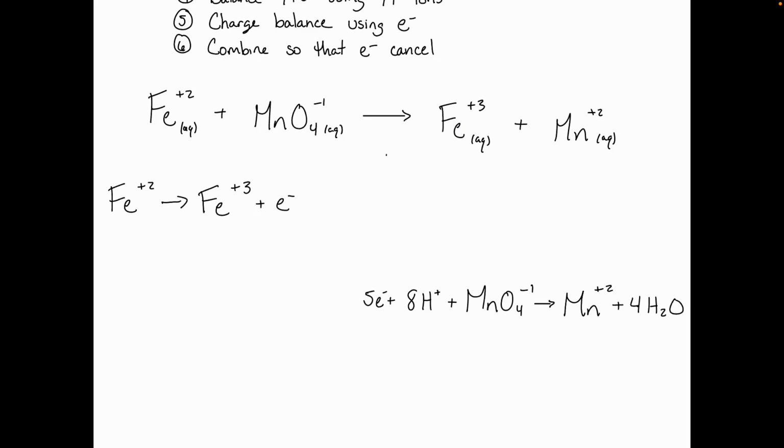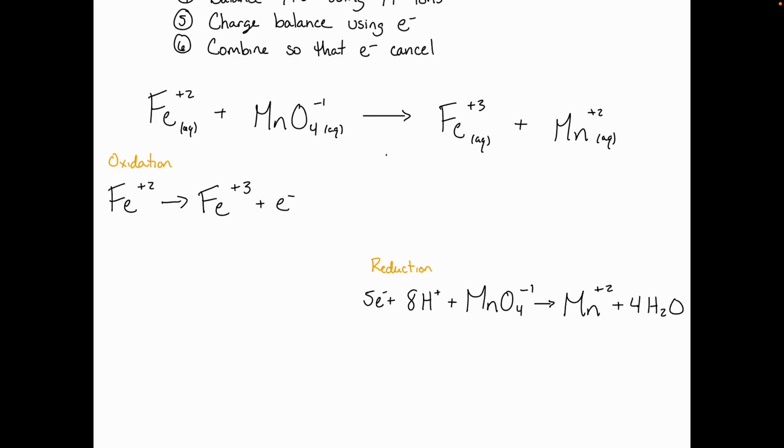Remember, what's that acronym? LEO. So losing electrons is oxidation. Which half reaction represents the element losing electrons? The one on the left or the one on the right? Left, right? So this is my oxidation half reaction. This is my reduction half reaction.